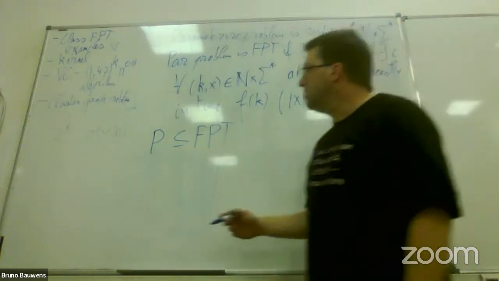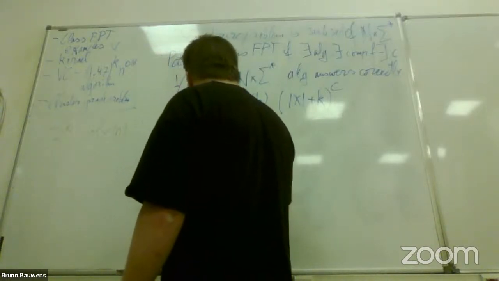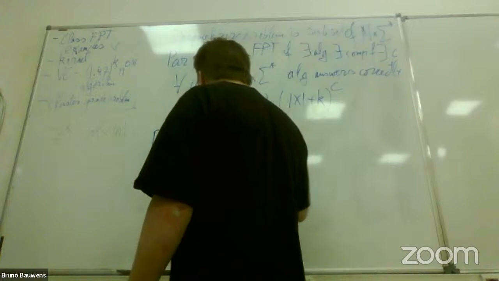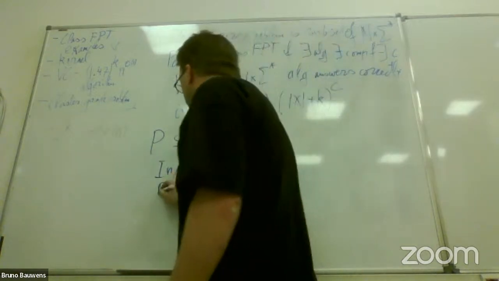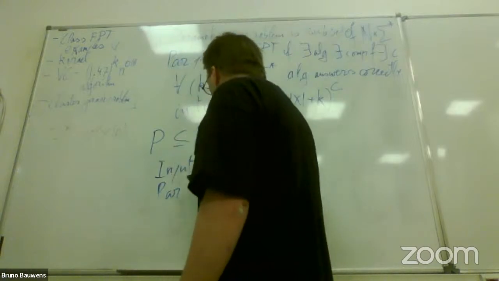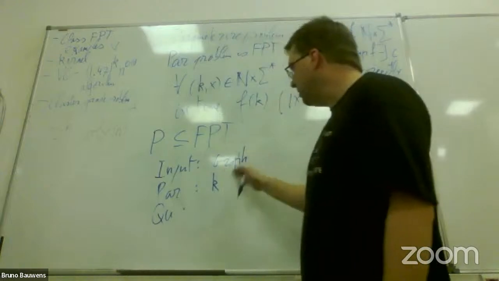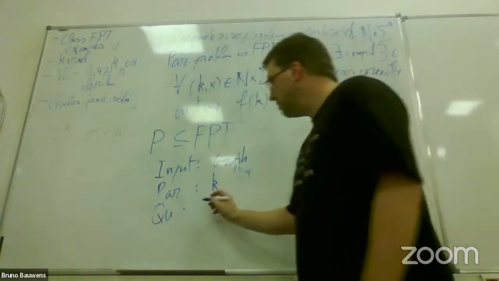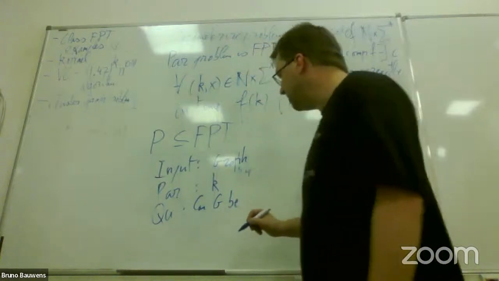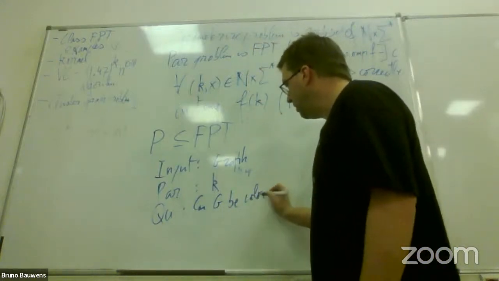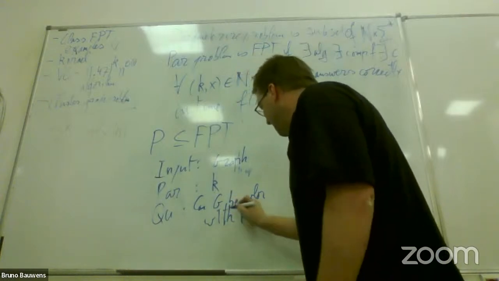So then let us do an example. The input is a graph. The problem is colorability, and the parameter is K, the number of colors. The question: can G be colored, so can the vertices be colored, with K colors?